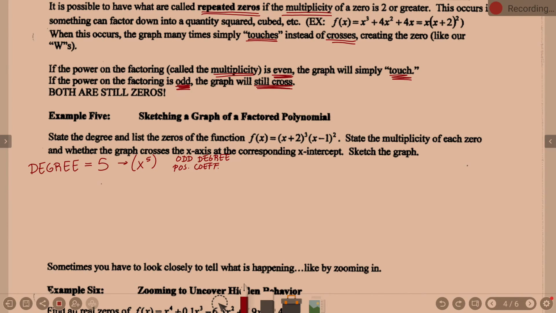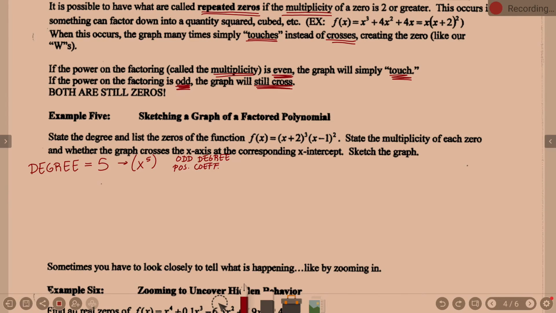And I know it doesn't ask for this, but I want to talk about it because I want to sketch our graph here at the end. What does that tell me about what our graph is going to look like? What's the end behavior? Is it up and up, down and down, down and up, or up and down? X to the 5th is odd.